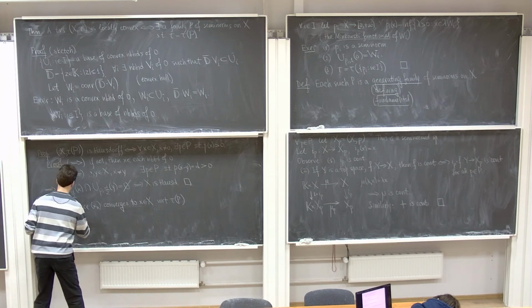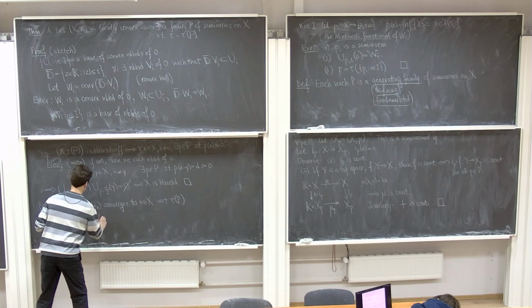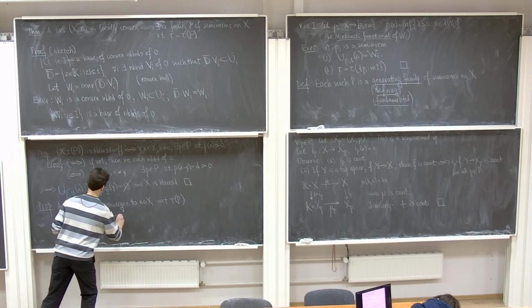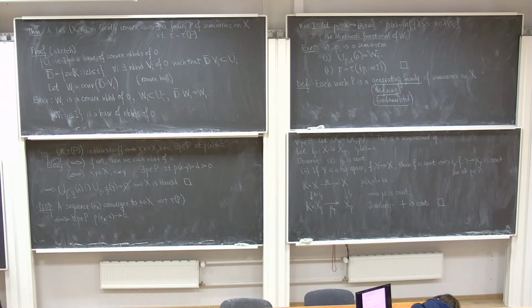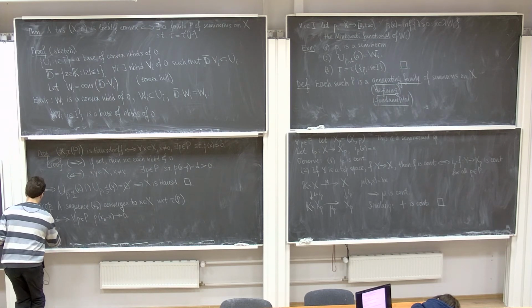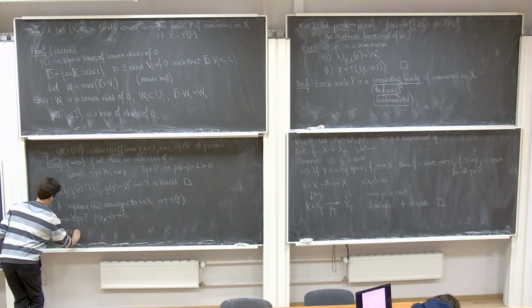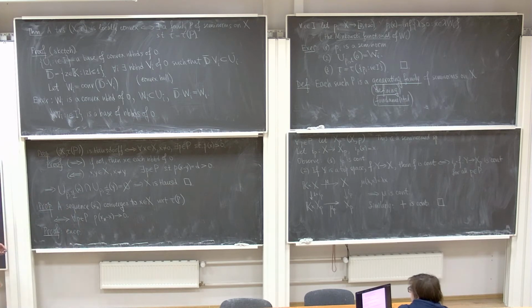So for each little p, p of xn minus x goes to 0. The proof is a simple exercise for you. So everything easily follows from the definition of our topology.